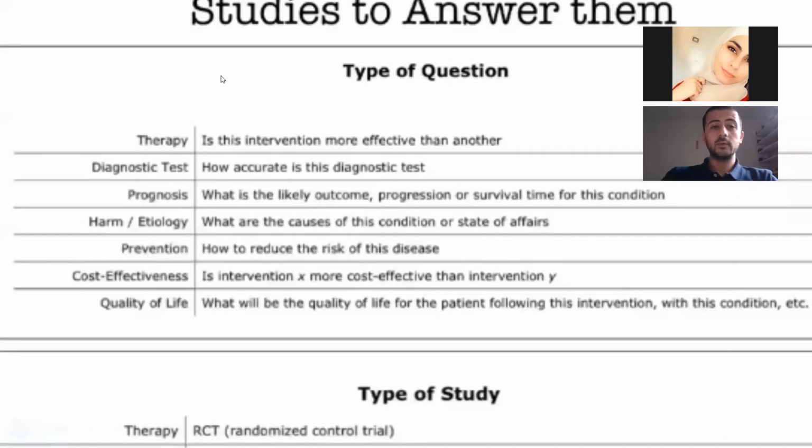No, in this diagnostic test, I have, for example, a diagnostic criteria, or I have a questionnaire that can predict if that patient has a mild depression or advanced depression or major depression. I have a blood test that can predict some kind of disease. So what should I do?